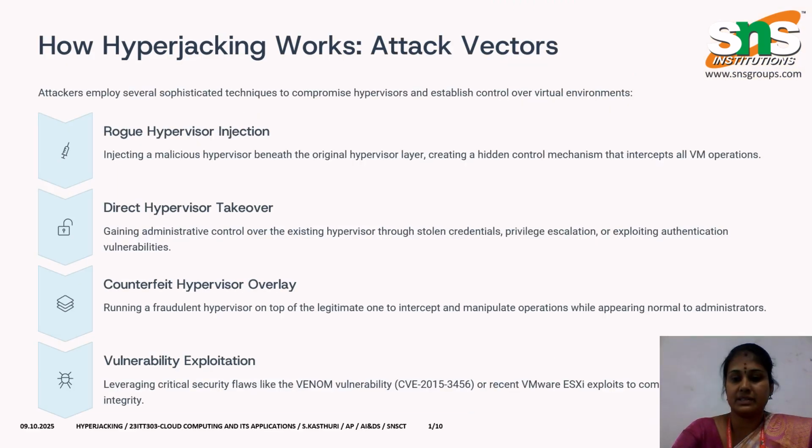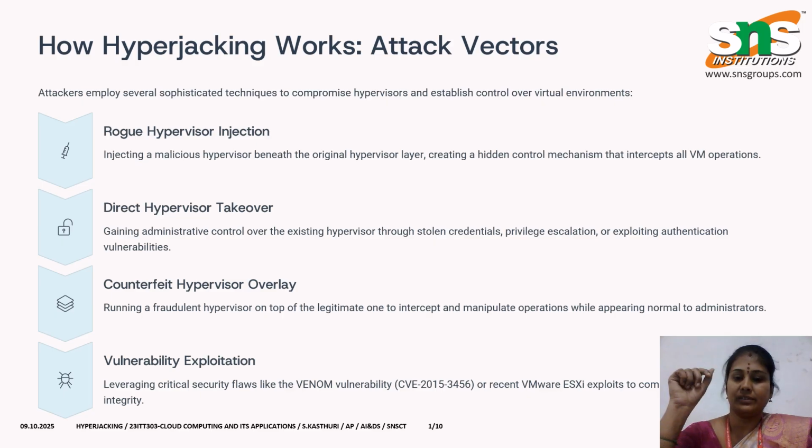So how hyperjacking works: attack vectors. Think of the hypervisor as a powerful central nervous system. Here is how attackers hijack it. Rogue hypervisor injection: a fake hypervisor is slipped under the real one, quietly intercepting all activity. Direct takeover using stolen admin credentials or privilege escalation.